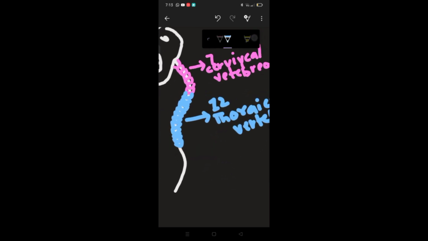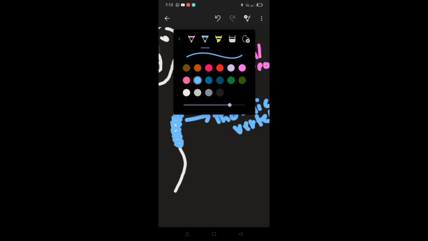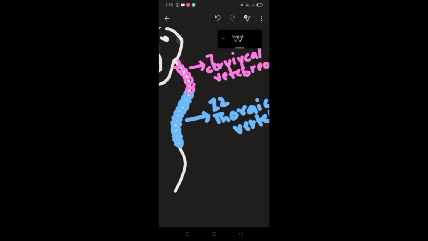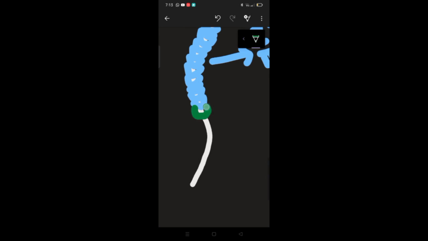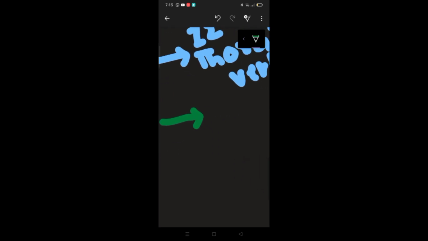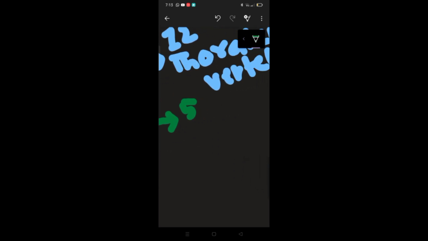Alright, then next we do have lumbar. And how many lumbar do we have? We do have 5 lumbar. So here 1, 2, 3, 4, 5. These are 5 lumbar.